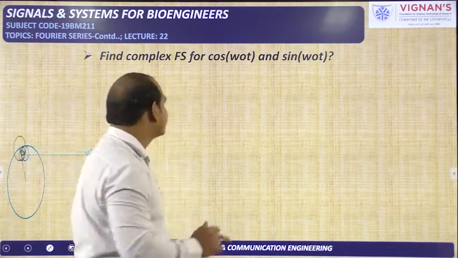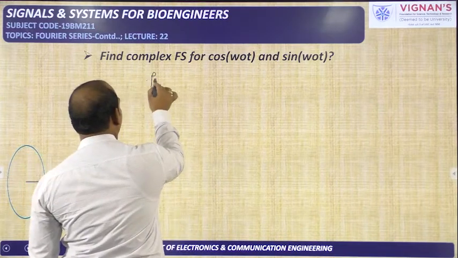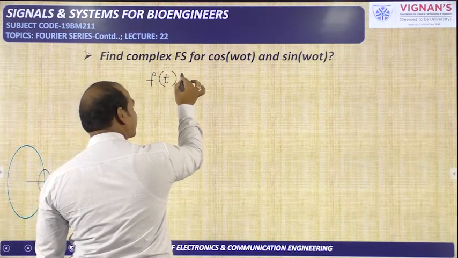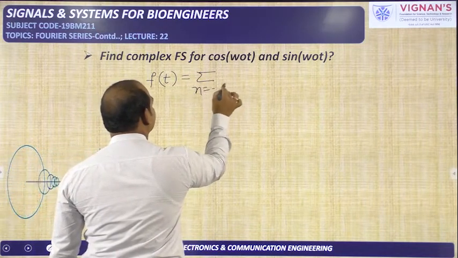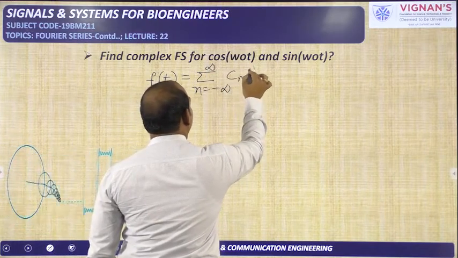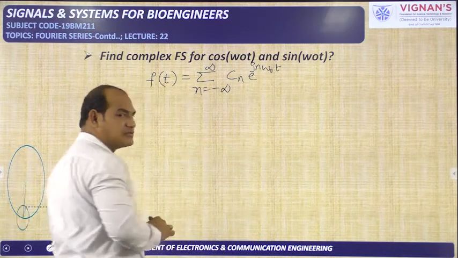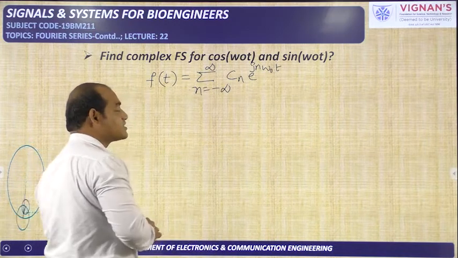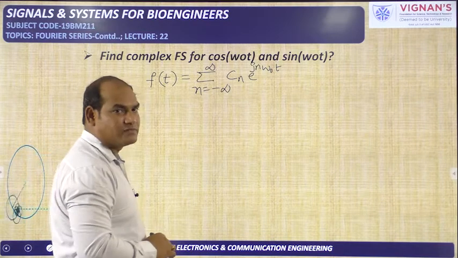In general the exponential Fourier series for the periodic signal f of t is given by f of t is equal to sigma n from minus infinity to plus infinity c n e power j n omega naught t. This is an exponential Fourier series where c n is the exponential Fourier series coefficient for the periodic signal f of t.